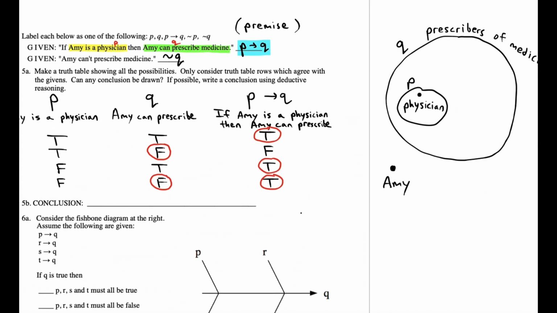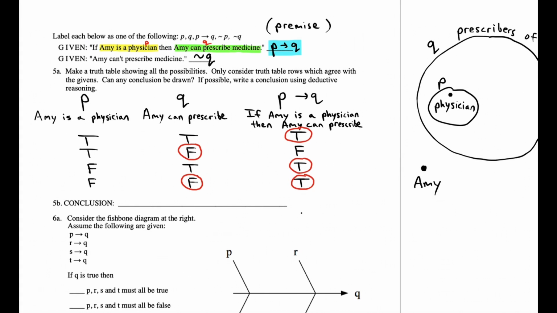What do the Venn diagram and the truth table tell us about Amy's status as a physician? Or what row is in complete agreement with the givens here, 1, 2, 3, or 4, where both of the givens apply to the situation? Row 4. She's in row 4. That is Amy's situation right now.